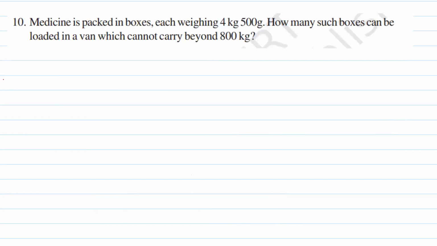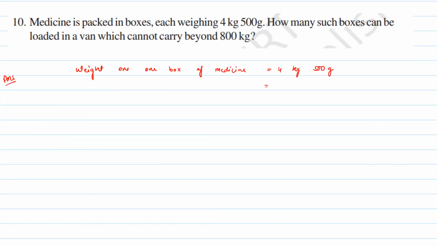Okay. Coming to the next. Medicine is packed in boxes, each weighing 4 kg 500 gram. How many such boxes can be loaded in a van which cannot carry beyond 800 kg? It is like the same question as we did in the previous. The weight of one box of medicine is 4 kg 500 gram.